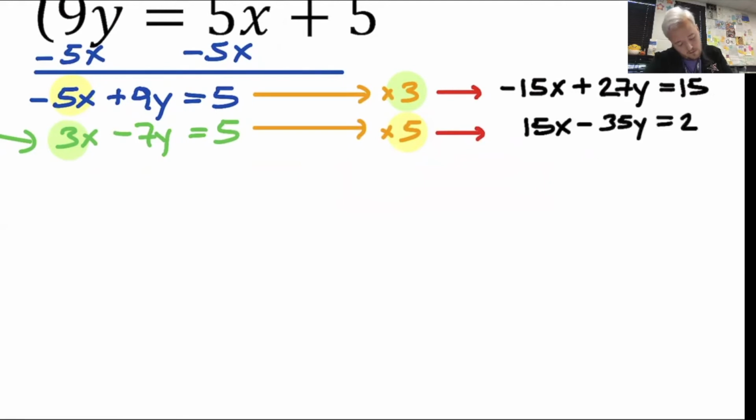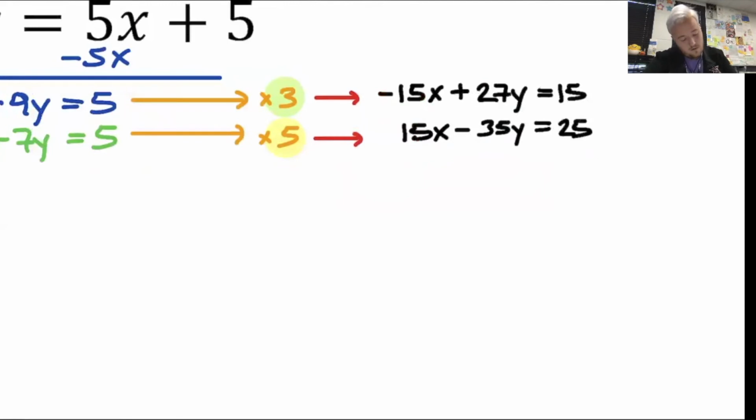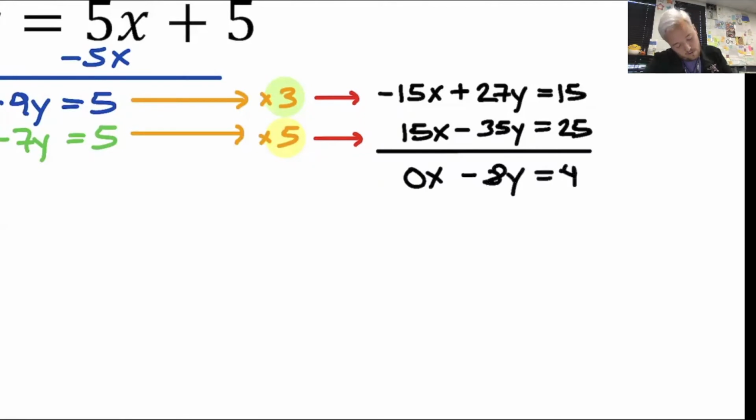That's going to equal 25. All right, so now I can do elimination, because if you look, now my x values are inverse values. So when I eliminate, I'm going to have 0x minus 8y equals 40.